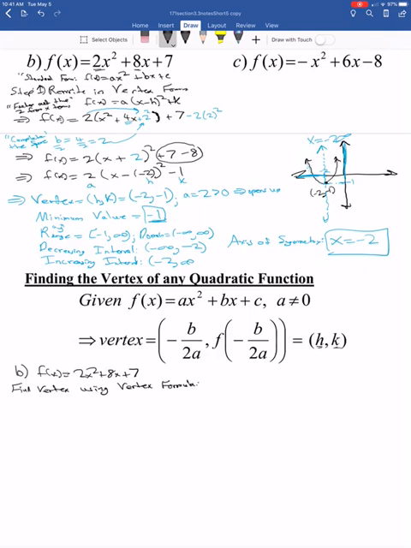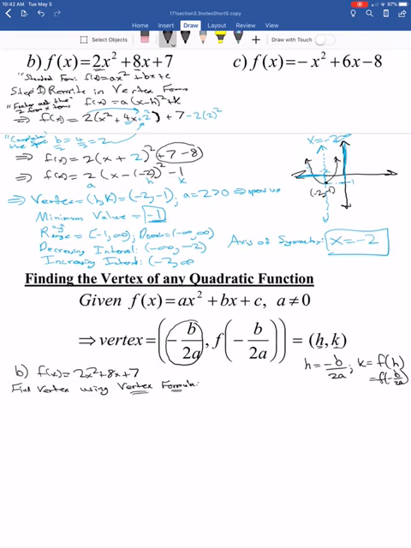So our x and y coordinates we can find by looking at the values of a and b. So h is calculated as negative b divided by 2a. And of course the y coordinate is the value of f with an input of h. It's going to equal f of negative b over 2a. So that's the vertex formula.